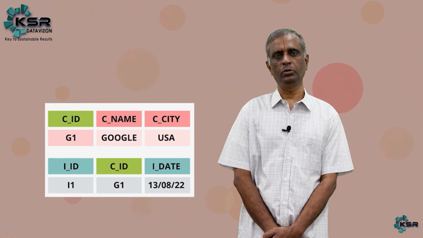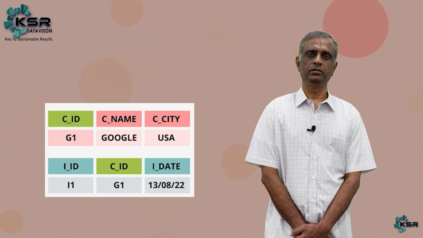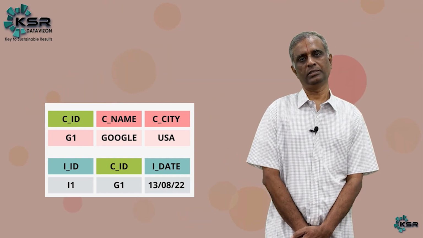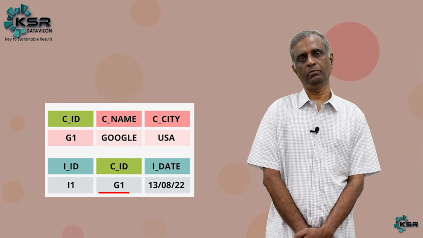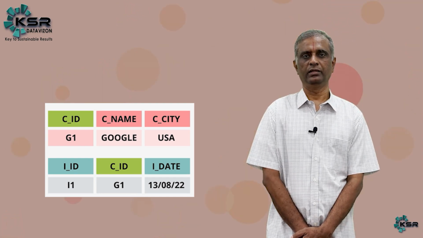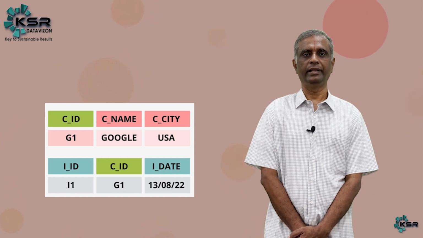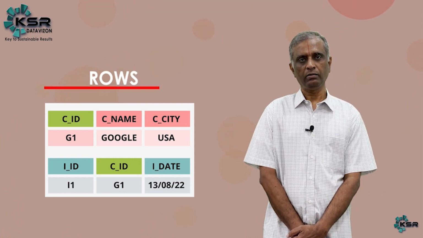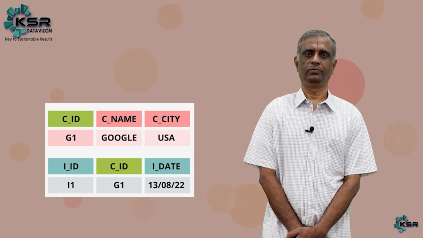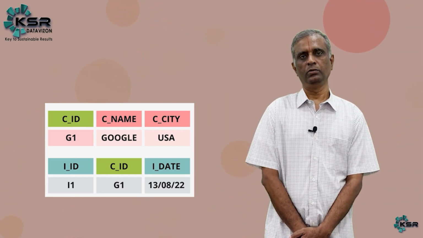How do we store the values? We name G1, that is the customer ID. Customer name Google. Then customer country USA. These are all the values. When we store these values in columns of a table, that is called a row. It is a kind of cells, a matrix.